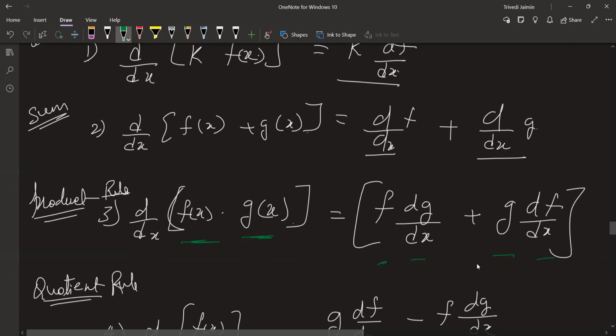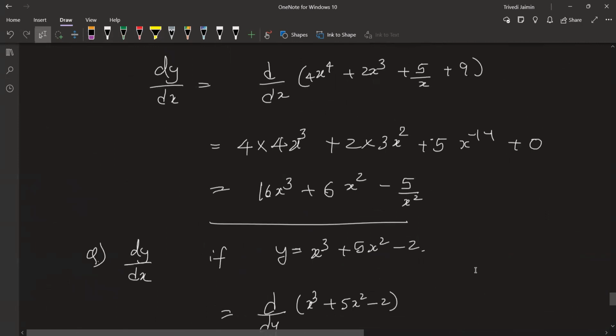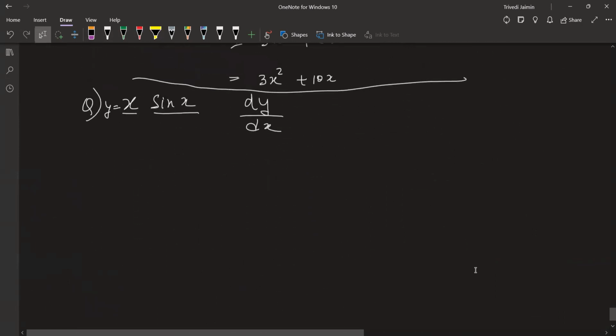Sir, is it 1 by x minus cos x? No. How did you get 1 by x? I differentiated x. So differentiation of x is what? x to power n is 1. So 1 minus 1, 0. Right? Yes, sir. Okay.